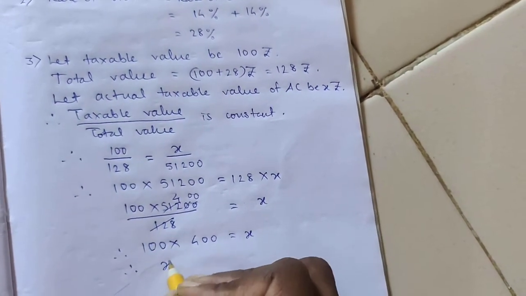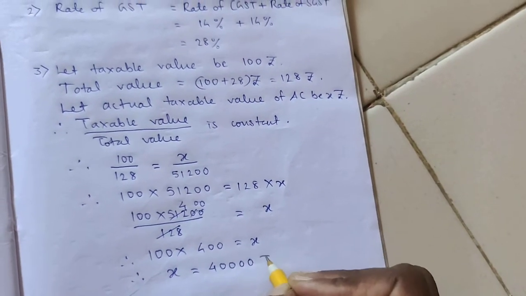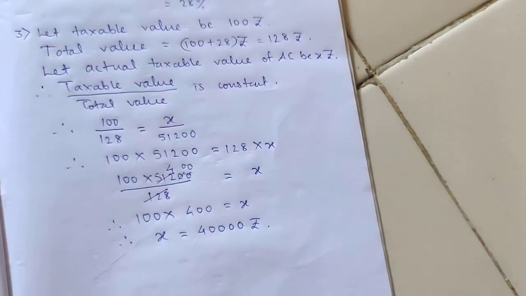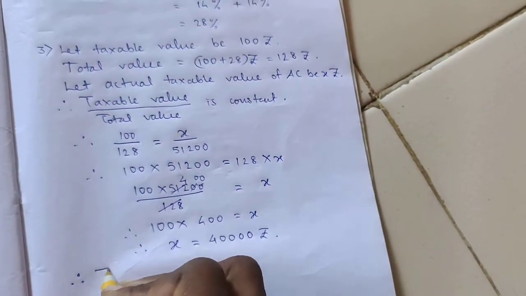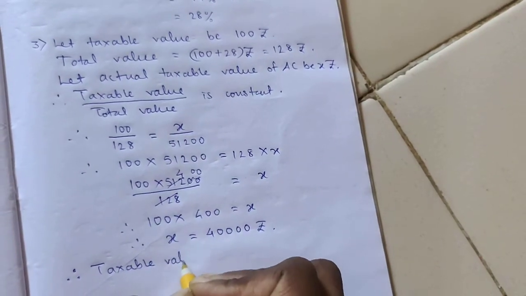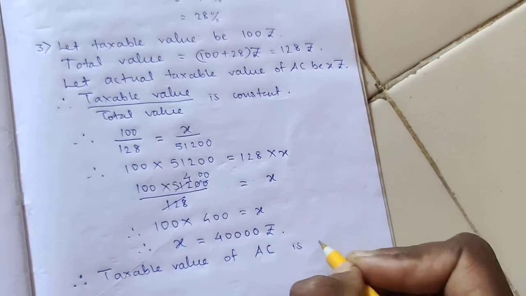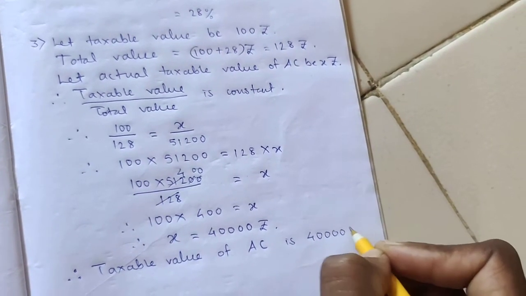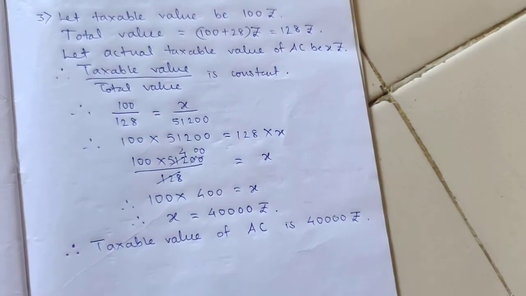So finally in this case we will get 4 zeros, so 40,000. Okay, so therefore we can say that the taxable value of the AC is how much? 40,000 rupees. So this concludes our third part.